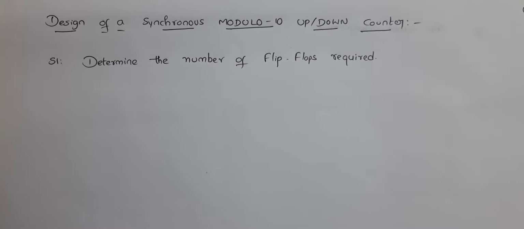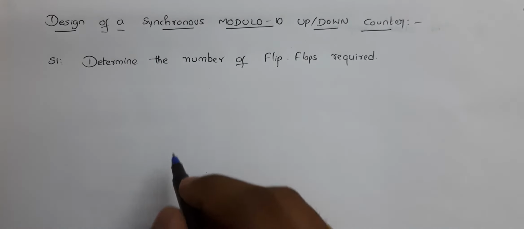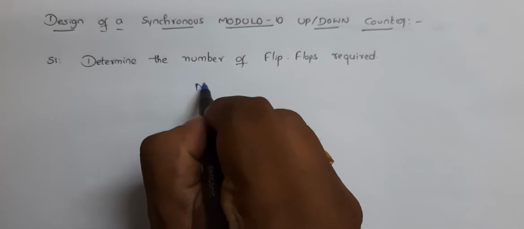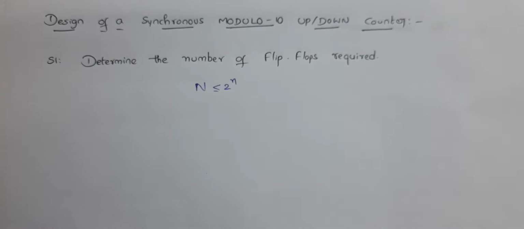Let us see the designing procedure step by step. What is step 1? Step 1 is as usual: determine the number of flip-flops required. Here the number of states is 10. To determine the number of flip-flops, we use one condition. What is the condition? Capital N should be less than or equal to 2 to the power of n.